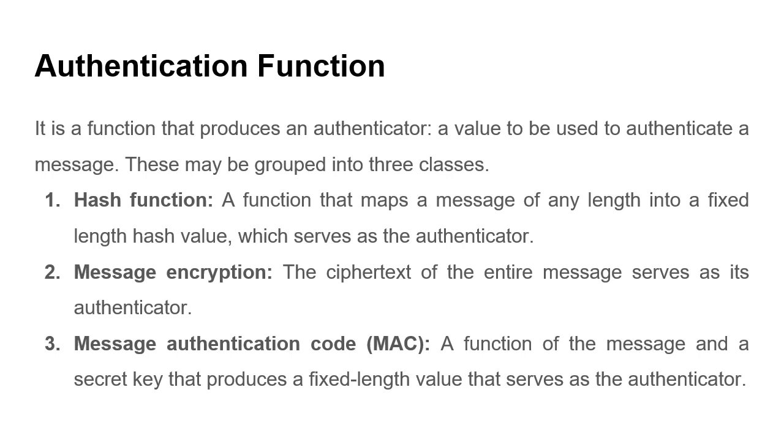The last one is message authentication code. This is a public function of the message and a secret key that produces a fixed-length value, which serves as an authenticator. These are my three classes of authentication.